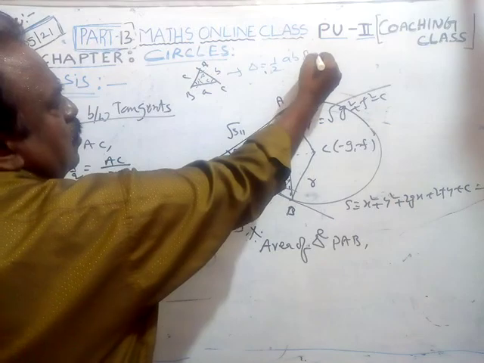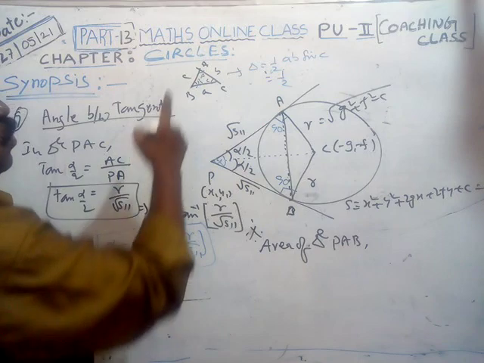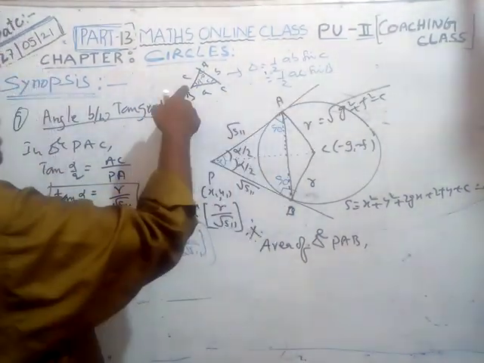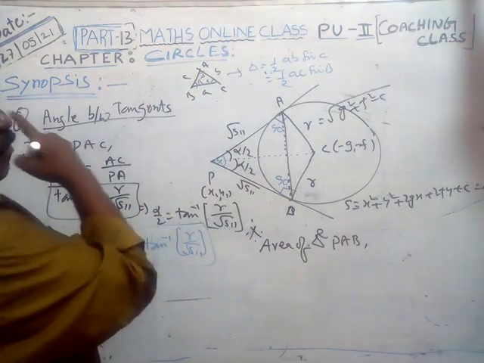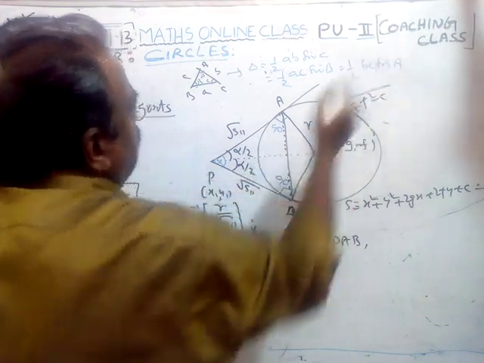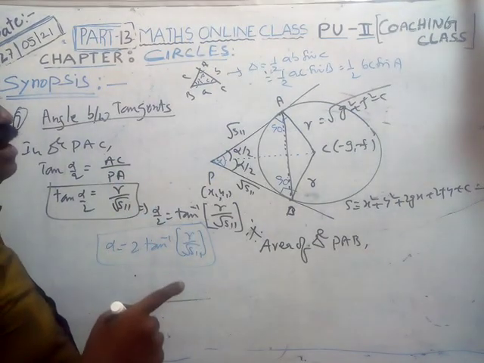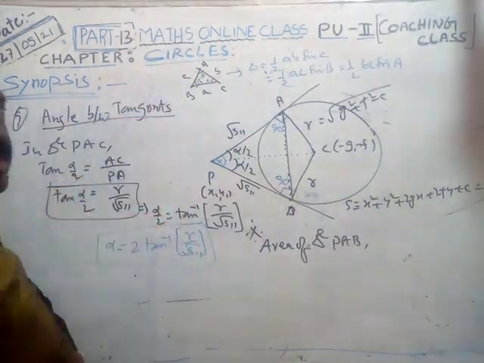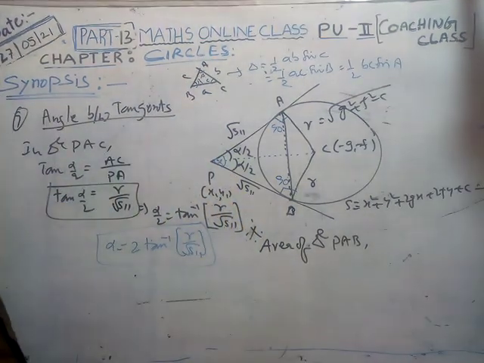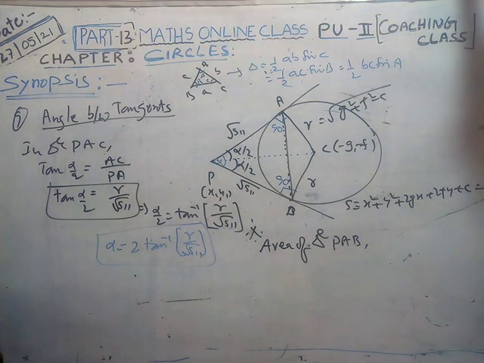Or otherwise, it is 1 by 2 AC sin B. Or otherwise, it is 1 by 2 BC sin A. That is the connected or internal angle. So for the sides B and C, it is the formed angle. So using that formula here, you are observing.